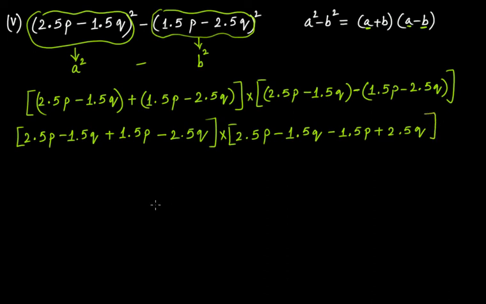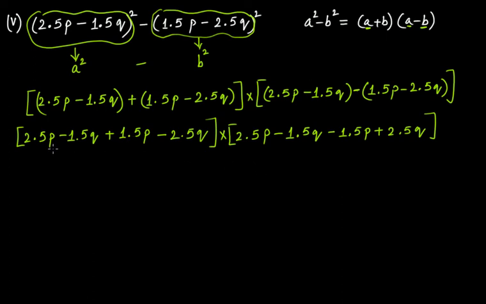Okay, so this is 2.5p, this is minus 2.5q. Don't get confused and don't cancel them, because here it is p and it is q. These are not like terms. Same thing here, this is minus 1.5q and this is plus 1.5p. These are not like terms, therefore you cannot cancel them.